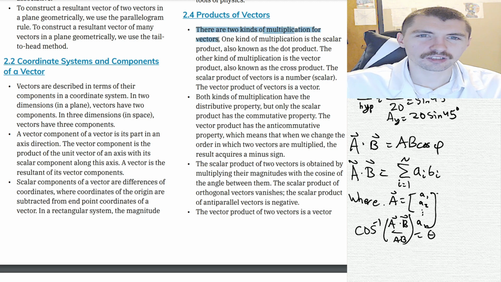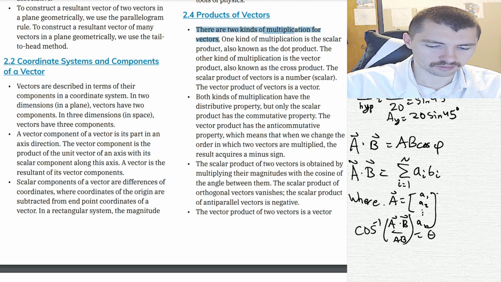Okay, so is this right? Can you multiply two vectors? Yes, there's both kinds of multiplication.